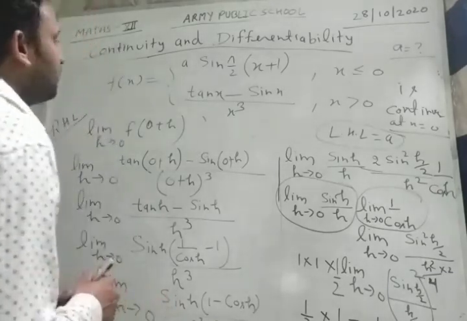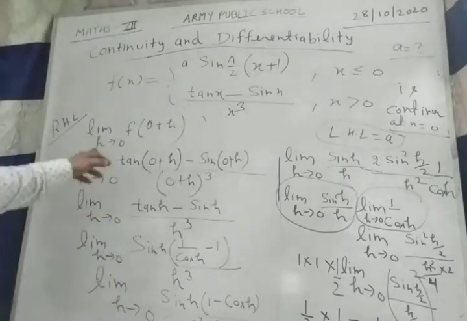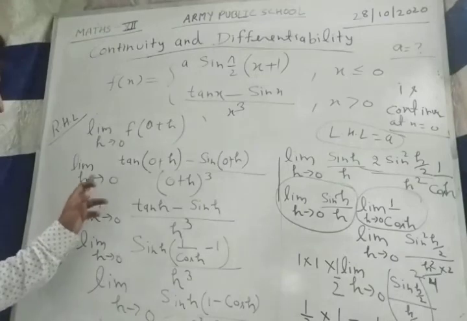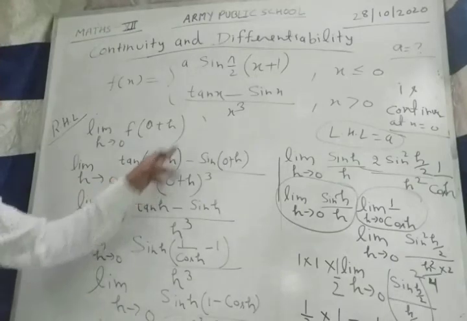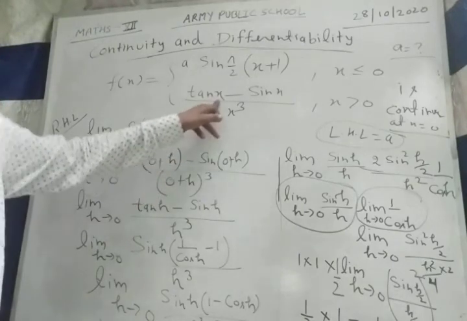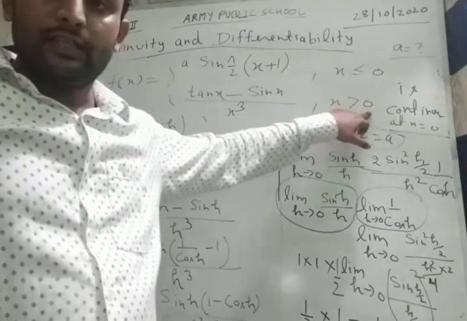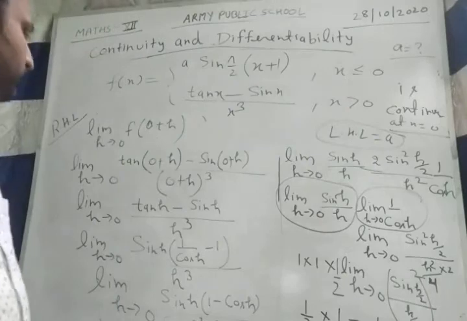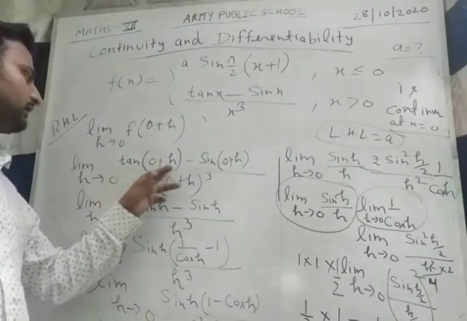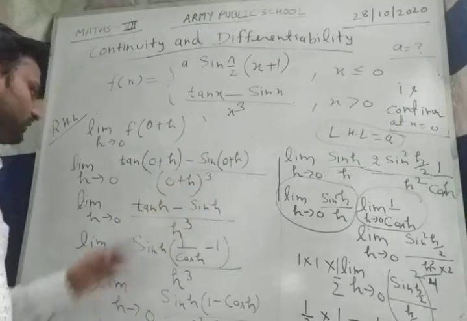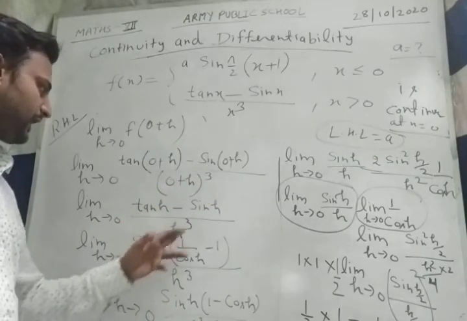Now look at limit h tends to 0, f(0 plus h), the right hand limit, tan(0 plus h), because this function is defined for x greater than 0. So we write tan h minus sin h divided by h cube.